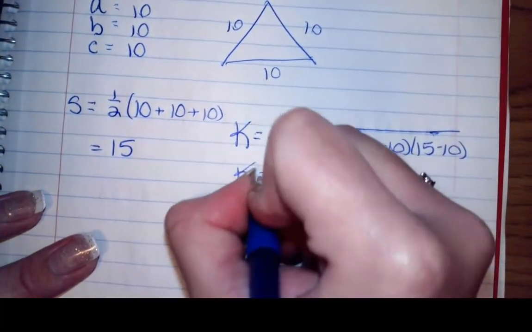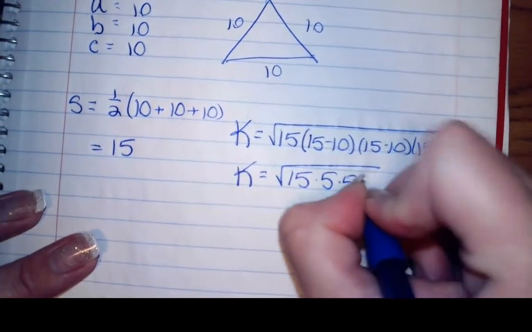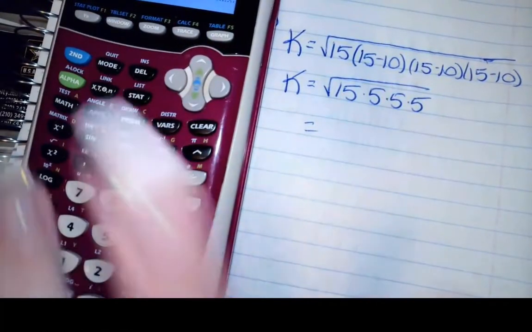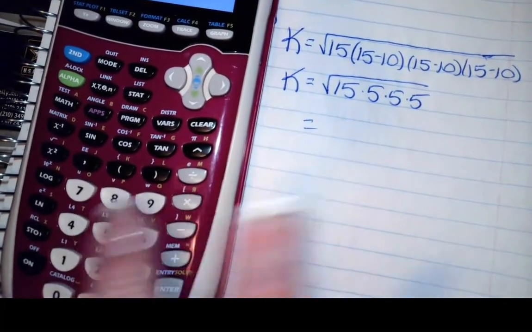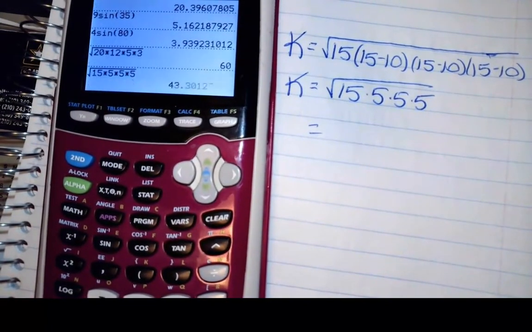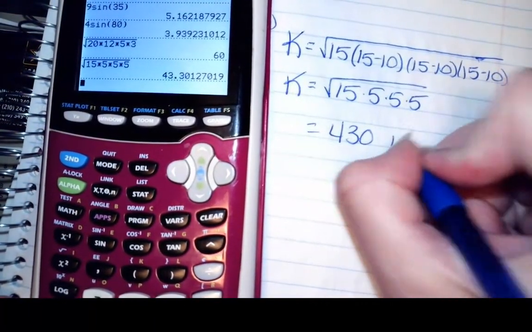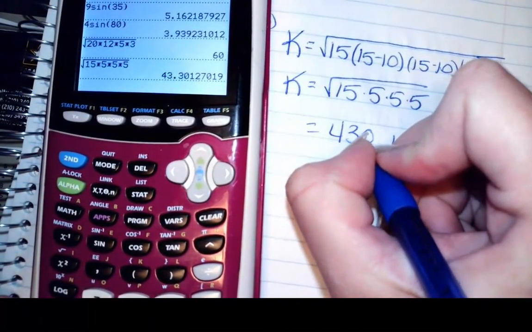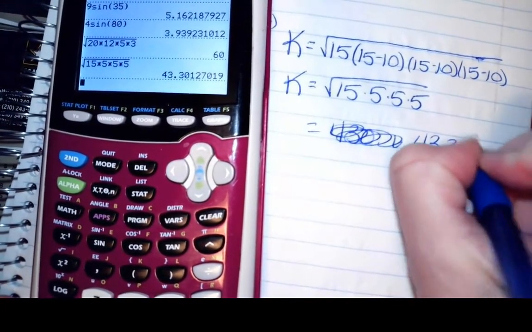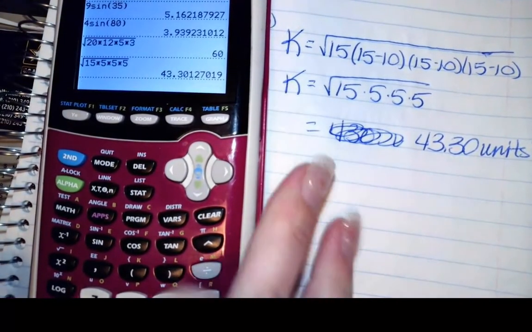And so I end up with K equals the square root of 15 times 5 times 5 times 5. And I get 43.30, so 43.30 units squared, whatever your units happen to be.